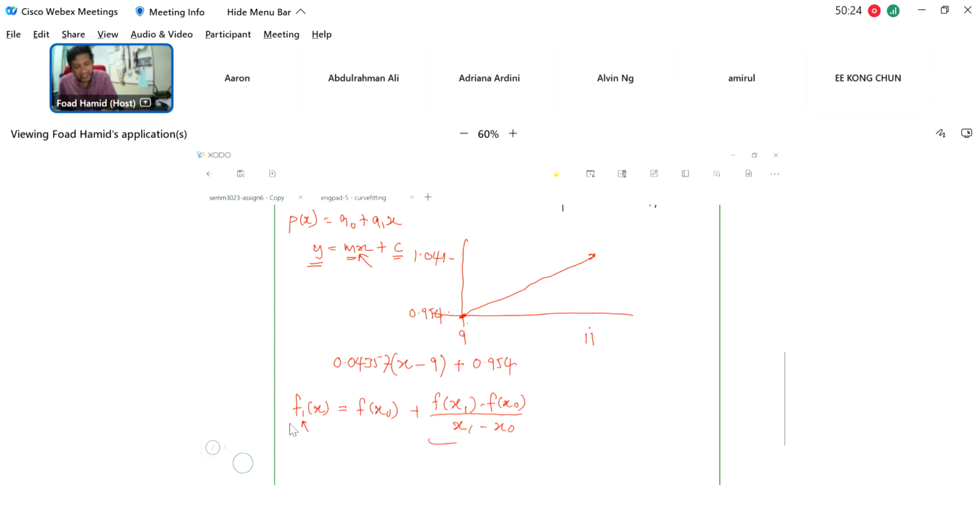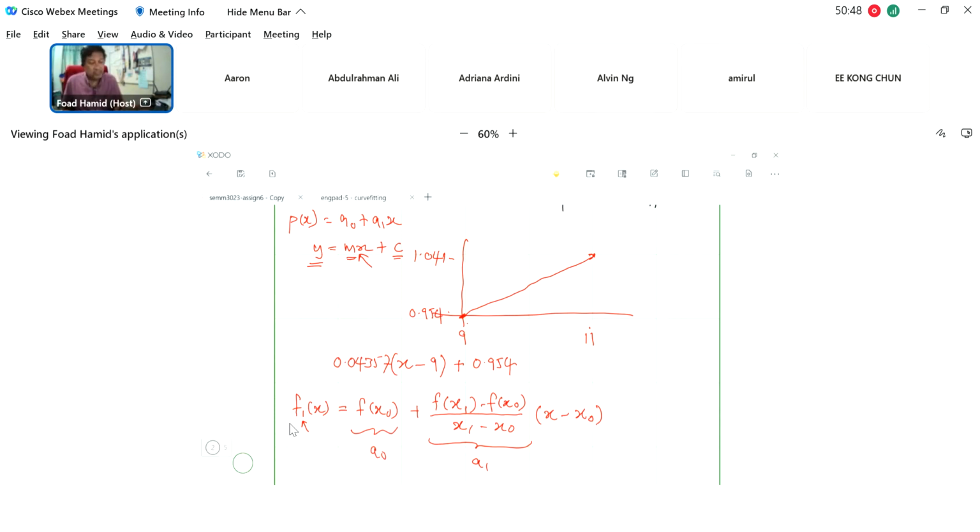This is change in y divided by change in x. This is basically your a1 times x, the unknown, minus our shift in axis, which is our first point, 9. So this is your a0 and a1. This is the formula.